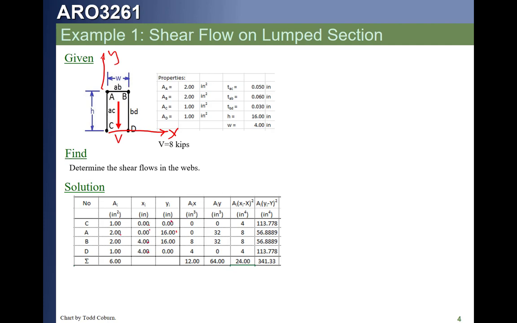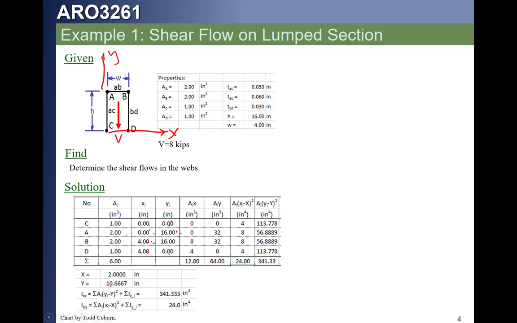So stringer A, as it has an area of 2, is at 0.16. Stringer B is at 4.16. Stringer C is at 0.0, and stringer D is at 4.0. Got that?